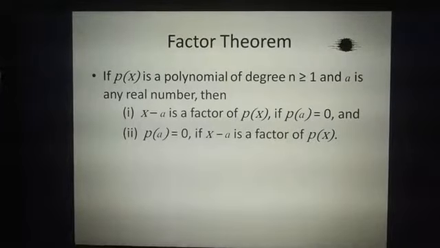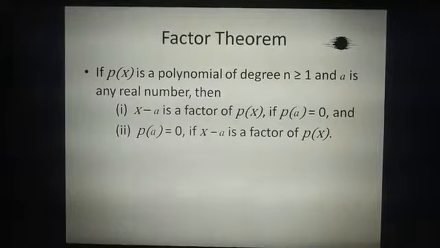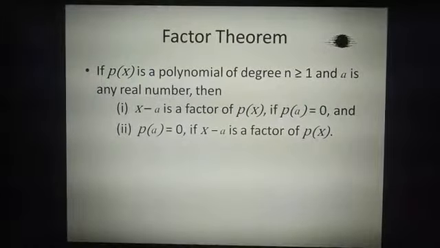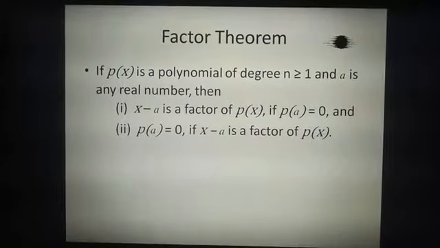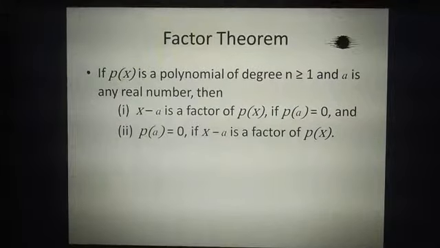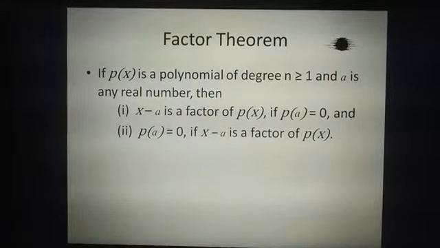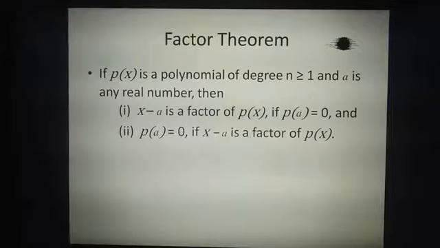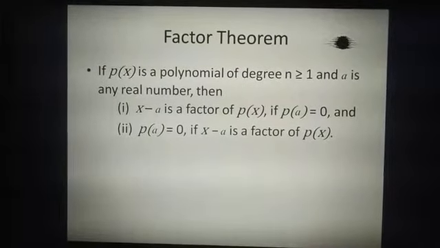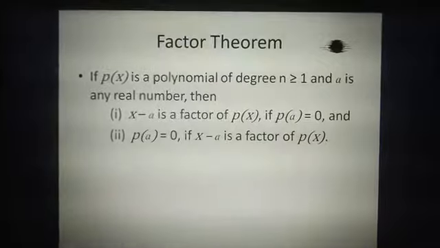If p of x is a polynomial of degree n which is greater than or equal to 1 and a is any real number, then first, x minus a is a factor of p of x if p of a is equal to 0, and p of a is equal to 0 if x minus a is a factor of p of x.